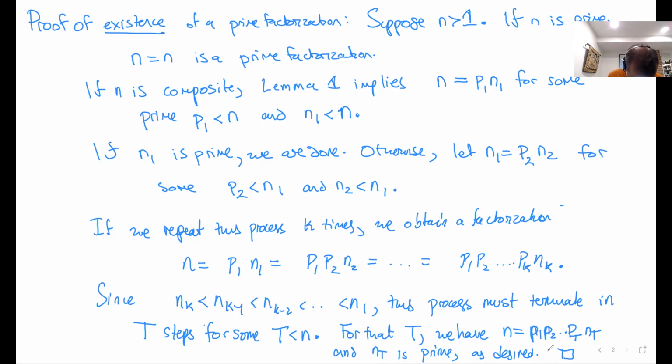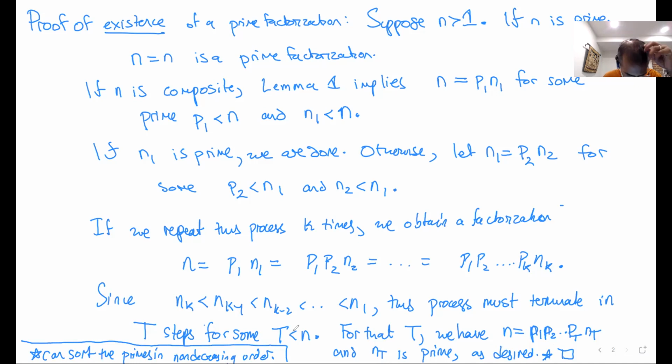So finally, you can sort the primes in non-decreasing order. There's one more step at the end. That's not hard to guarantee.